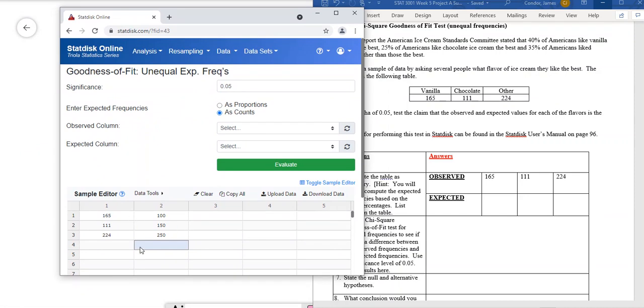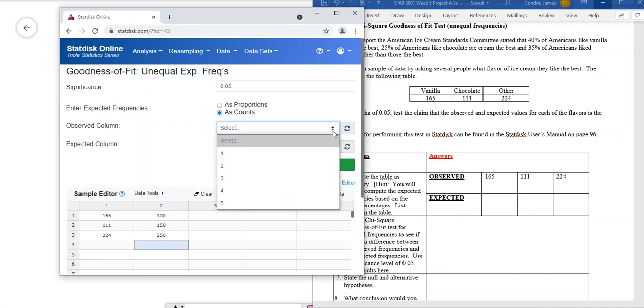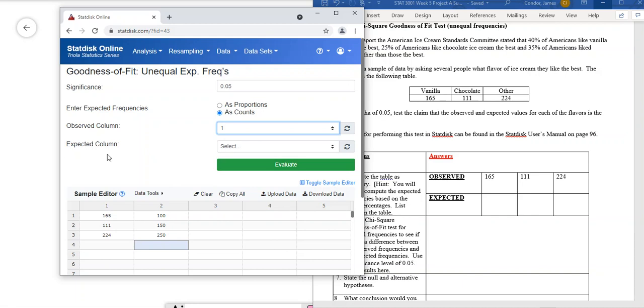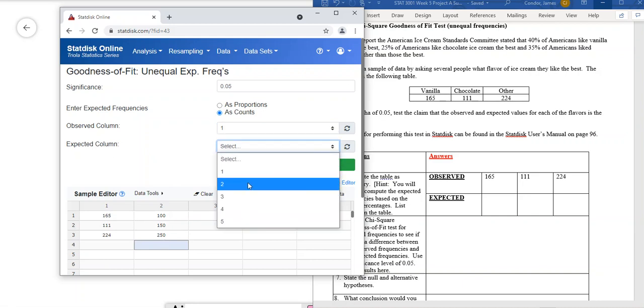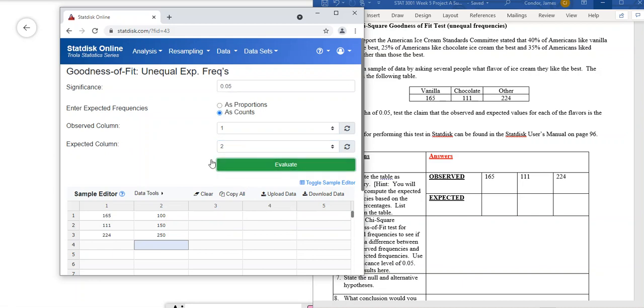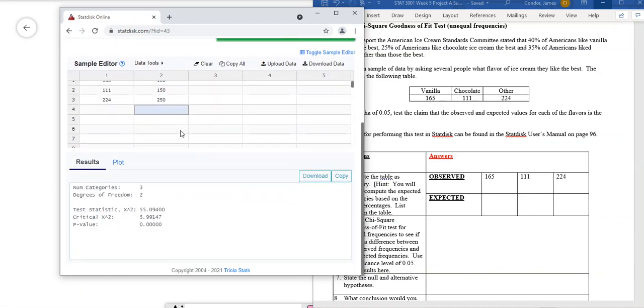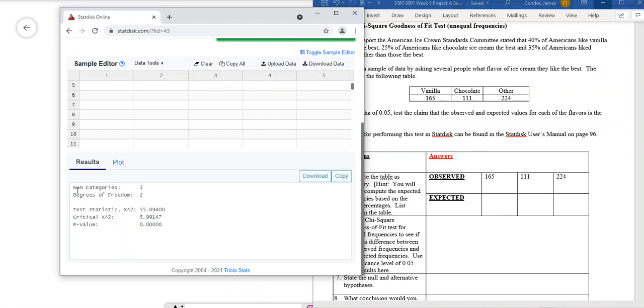Okay, these are counts. Observed column. The observed values we put right here. Expected values we put right here in column 2. Evaluate. There we go. So we got 3 categories of ice cream, vanilla, chocolate, and others. So that's what that is.